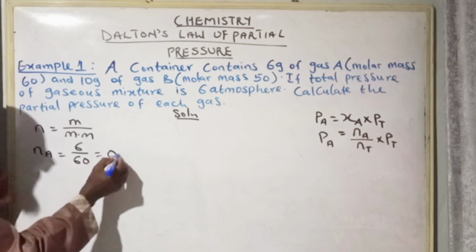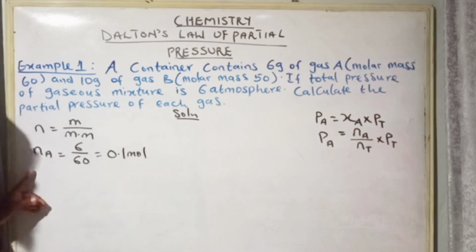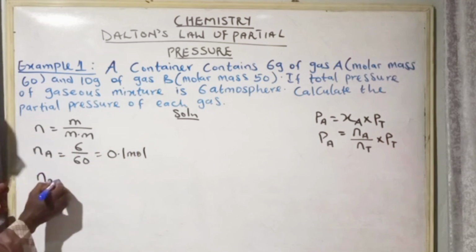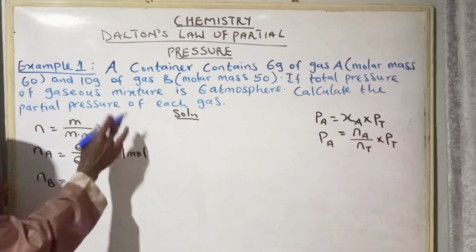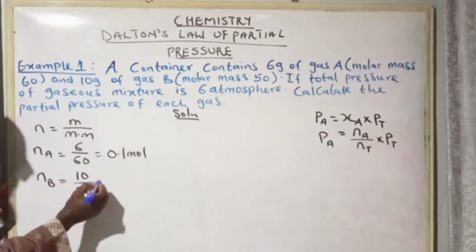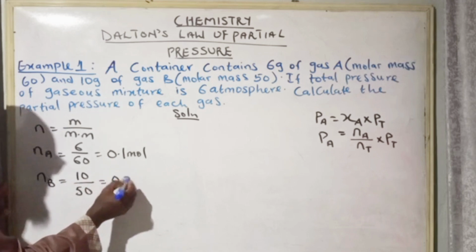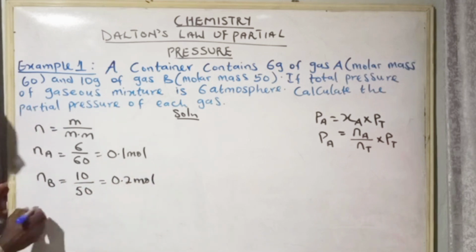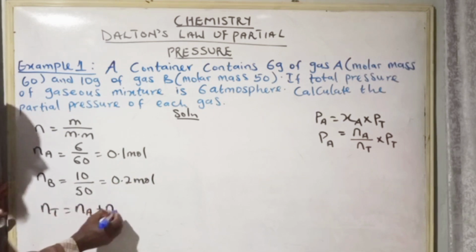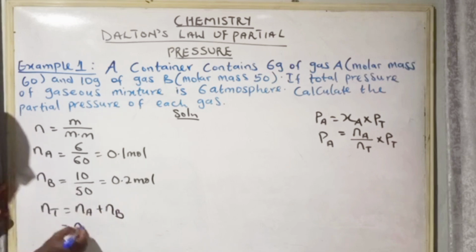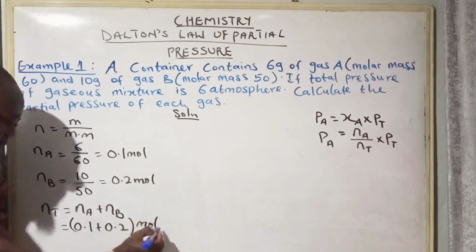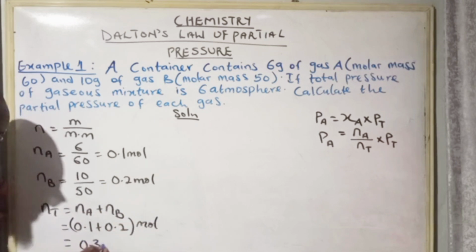When you divide, we have 0.1 mole for the number of moles of A. For the number of moles of gas B, that will equal the mass of gas B, 10 grams, divided by 50, which gives 0.2 mole. From here, we can now calculate the total number of moles, which equals the number of moles of gas A plus the number of moles of gas B. Gas A is 0.1 plus 0.2 moles. When we add it up, we have 0.3 mole.